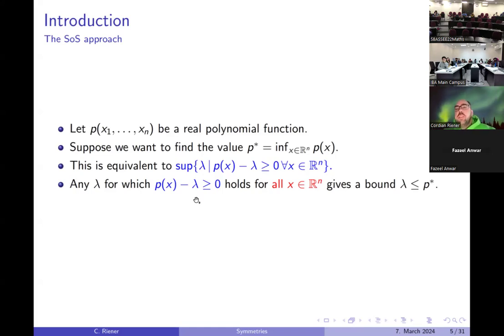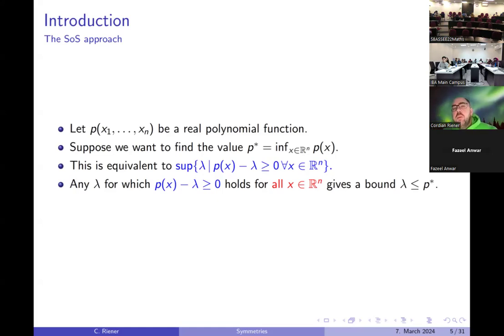Excuse me. Yes, Cordian. You are searching for a global p star, number one, and number two, what ensures the existence of this p star? Oh, in the general setup, of course, this is just the infimum. We have to be a little bit careful because I was a little bit quick here, but yes, you're right.